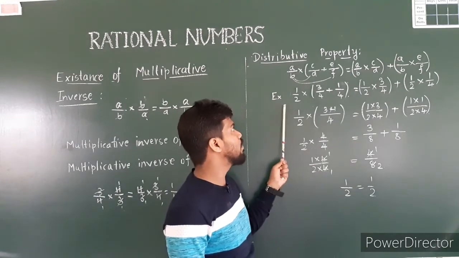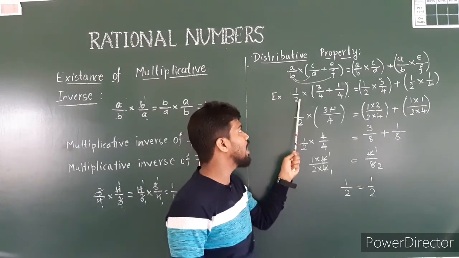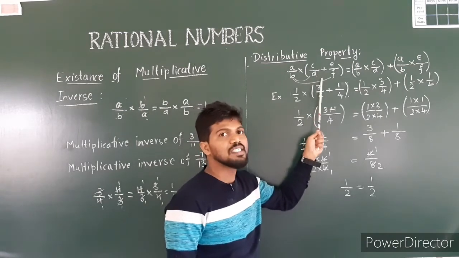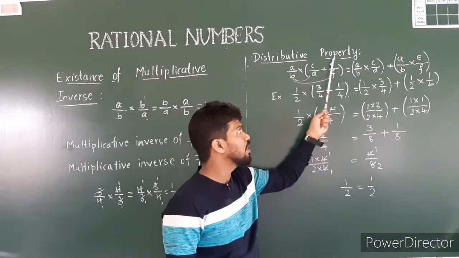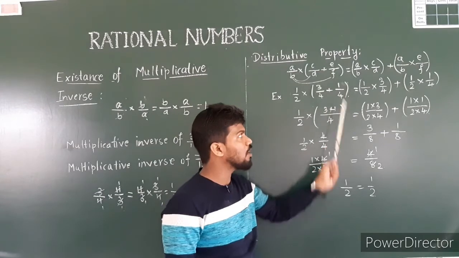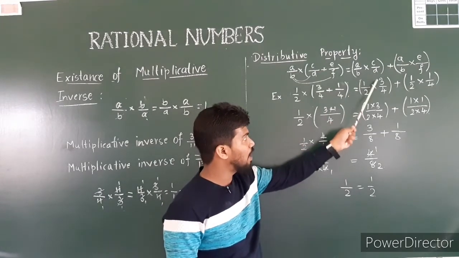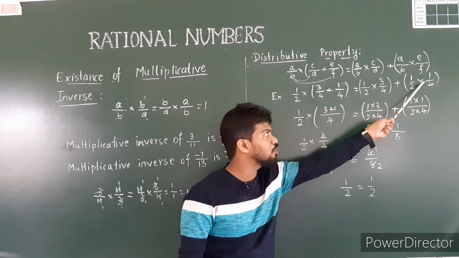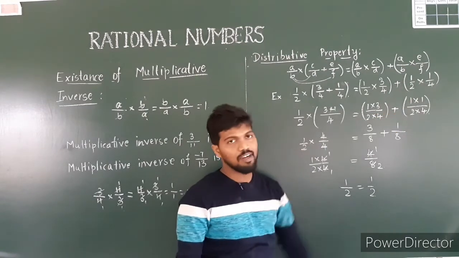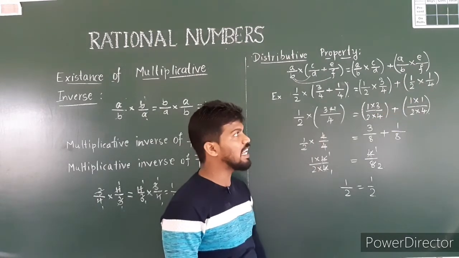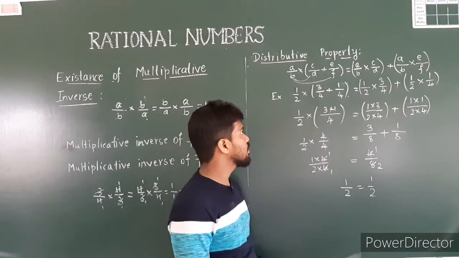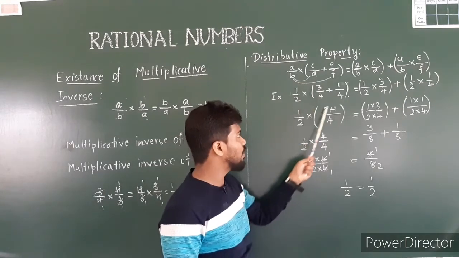Take an example. In place of a/b, I take 1/2; in place of c/d, I take 3/4; in place of e/f, I take 1/4. Now you prove that LHS equals RHS. For the LHS, 1/2 into (3/4 + 1/4), first solve the bracket.